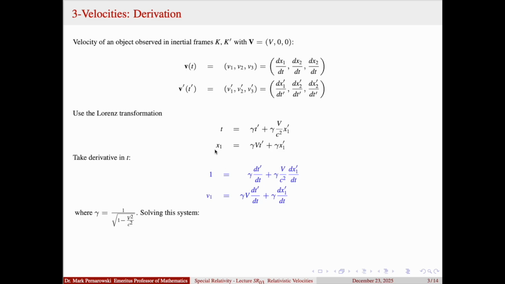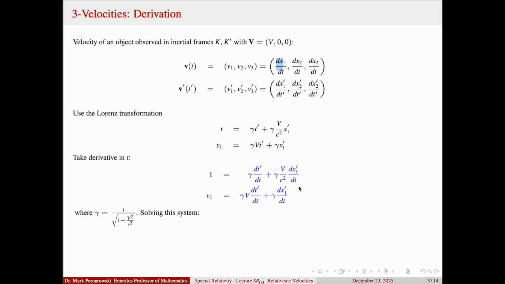And then I take the derivative of the second equation. The time derivative of x1 with respect to time t is actually the first component of the velocity. So the first component of this velocity is dx1 dt. That means this left-hand side is the actual v1 in frame K. And then I take the derivative of the right-hand side over here. So I got two equations, and I ran up to these two blue equations. And what are they for?